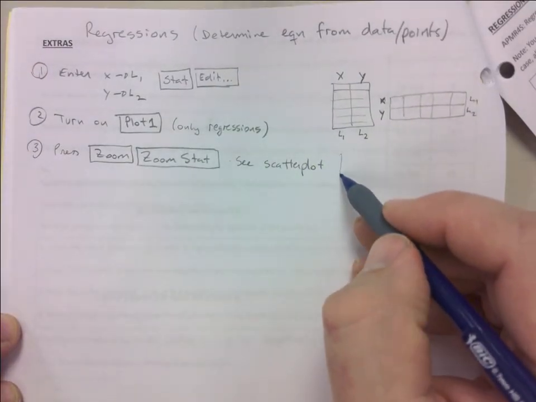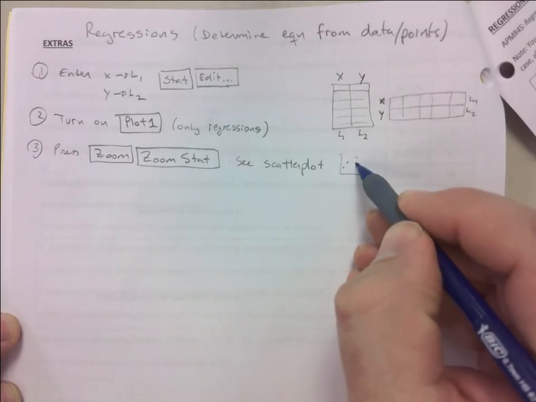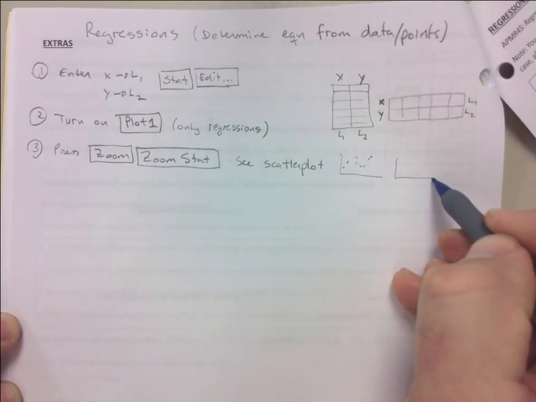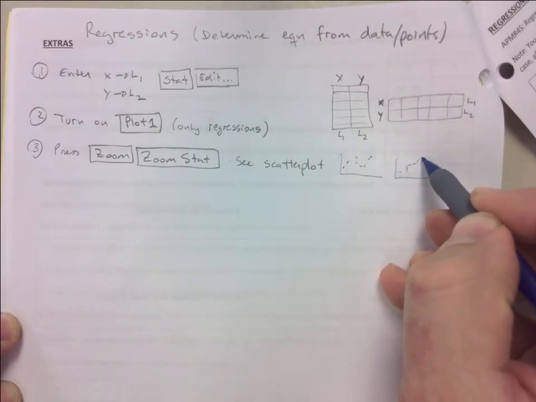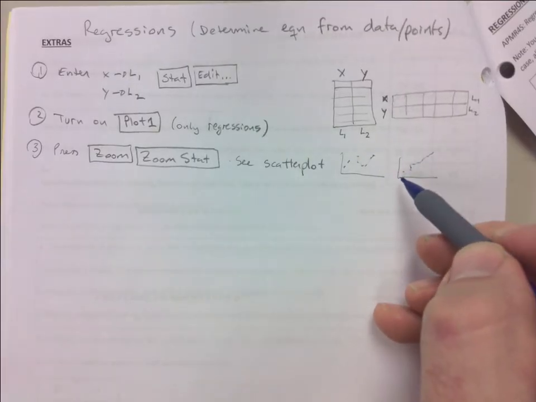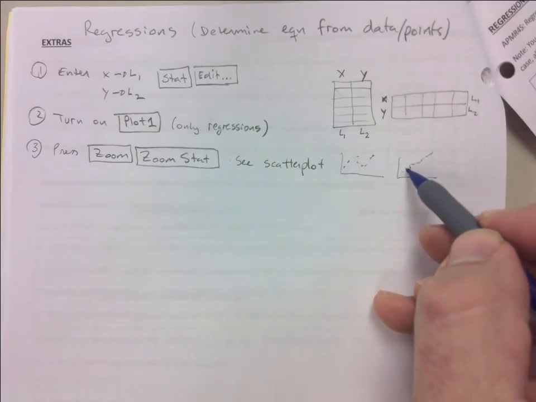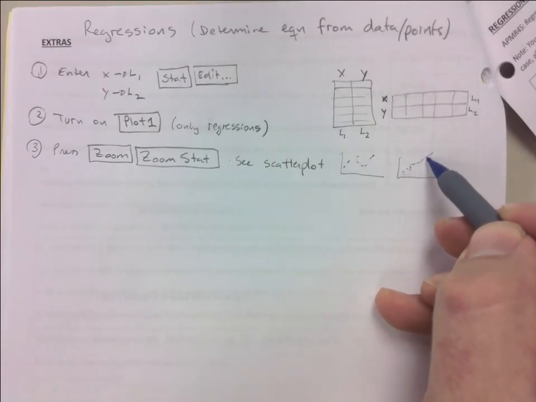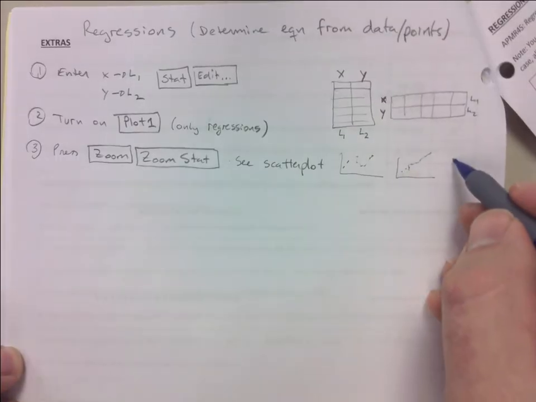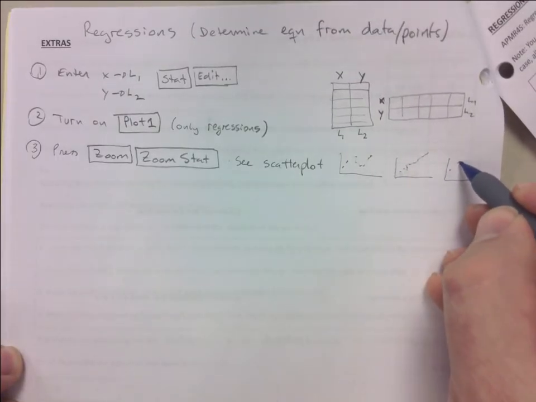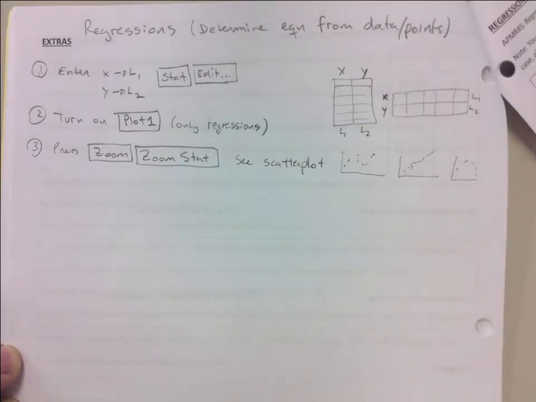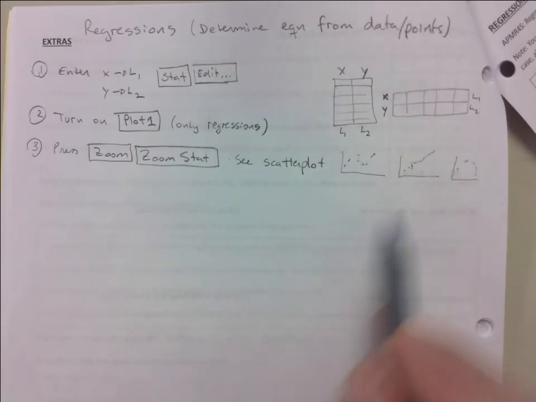Meaning you're going to see something like this, right? Or it could be something that is like this. This would be a linear. So it won't always be perfect, but you see that there's no turn really. The general direction is going up. So this would be a linear. You could have a scenario where you have that, you have a quadratic in your hands, right? So that's what we're going to be doing. We're going to look at the scatter plot.